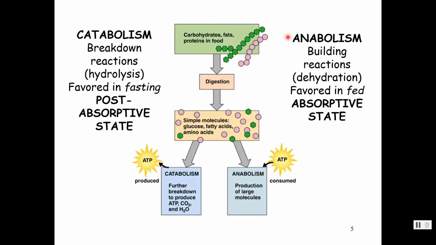Those are going to be favored in the fed state, the absorptive state. And it kind of makes sense. If you don't have any money, you're not going to start a building project. So you have to have resources, the building blocks, and you also have to have ATP in order to build body structures. That's going to be the absorptive state or the fed state. And then when we break things down, that's going to be the post-absorptive state. We'll get to those in a little while.